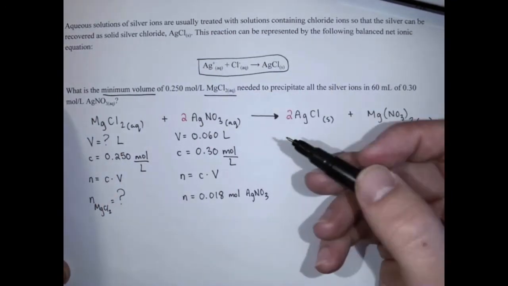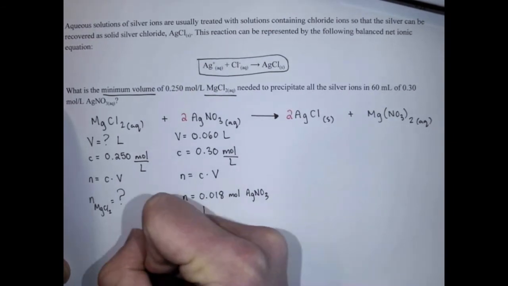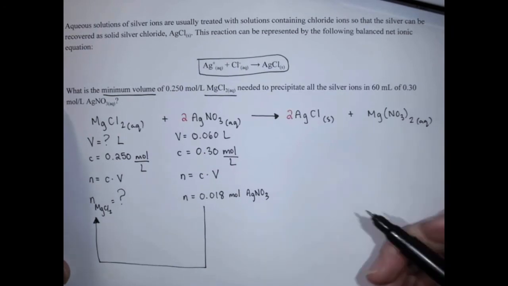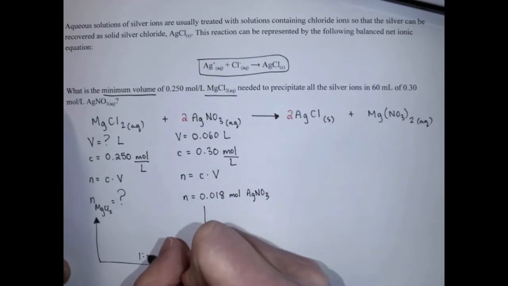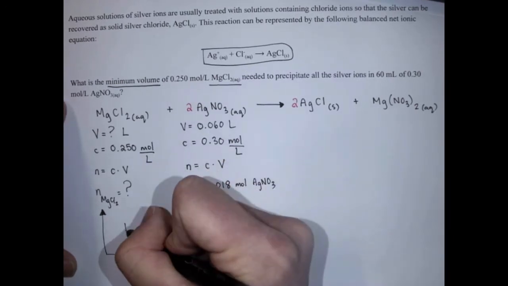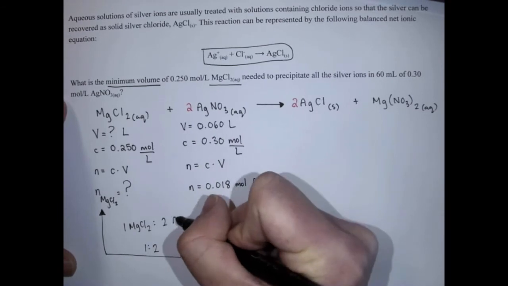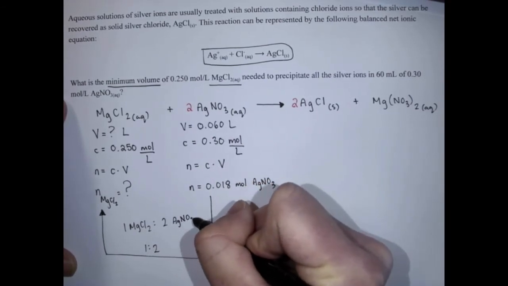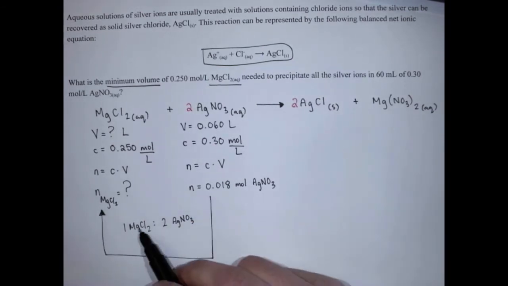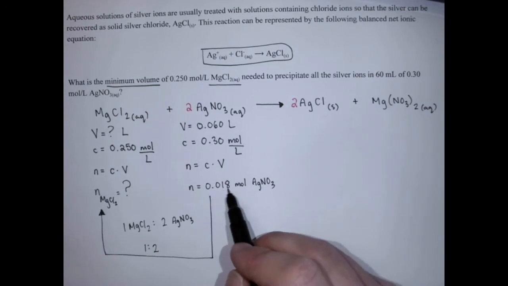So let's look at the mole ratio. If I want to convert between these two, the mole ratio is a 1:2 ratio: 1 magnesium chloride to 2 silver nitrates. So the moles of magnesium chloride are going to be half of this amount here.